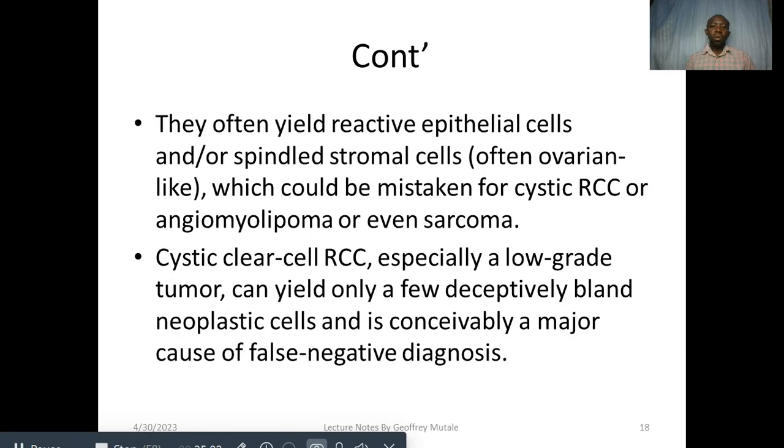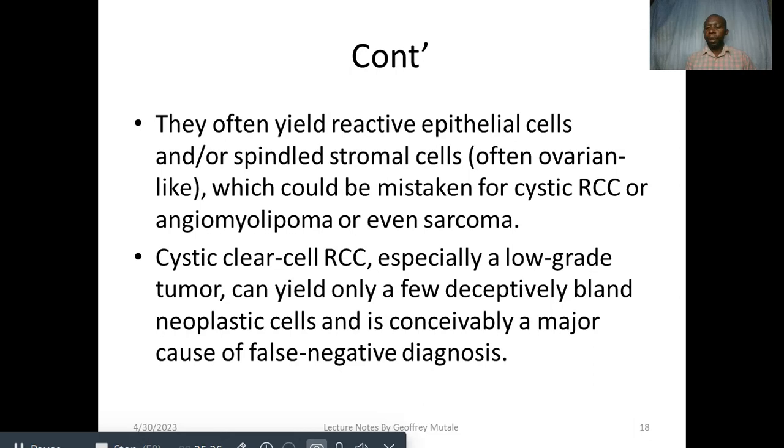They often yield reactive epithelial cells and spindle stromal cells, and these often look ovarian-like, which could be mistaken for cystic renal cell carcinoma or angiomyolipoma or even sarcoma.